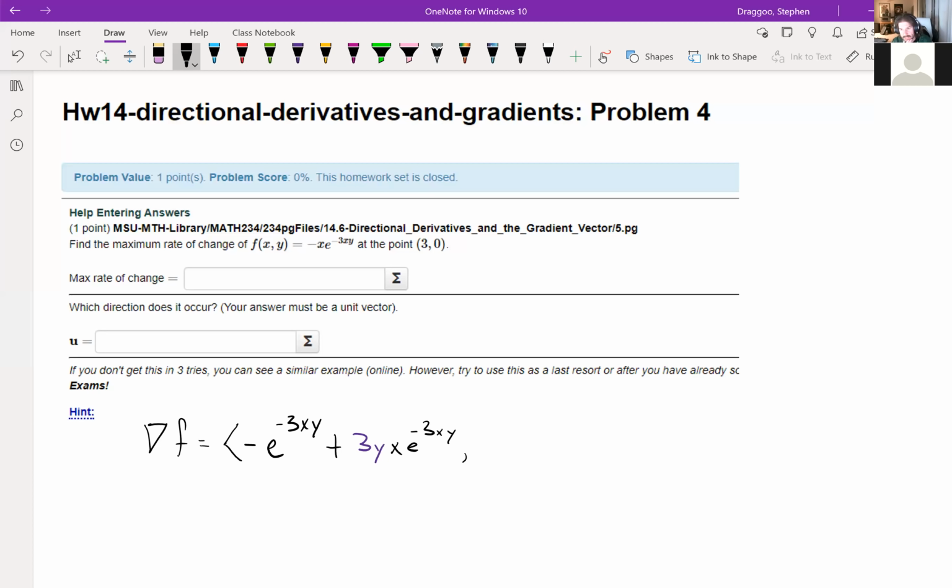If I take the derivative of that exponential, I'm going to have a negative 3y that comes down. So hence the plus 3y, x times e to the negative 3xy. But that's not the worst step in the world. After that, I want a derivative with respect to y, which means this thing will end up being positive 3x squared times e to the negative 3xy on that y coordinate. Or at least that's what I get when I plug stuff in.